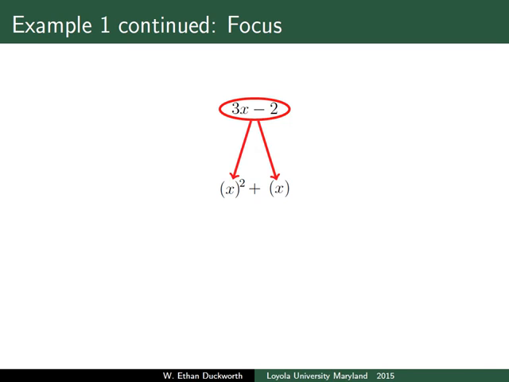And now I can show you where 3x minus 2 goes. It goes inside those parentheses. And now I can animate it. And that's the final result.